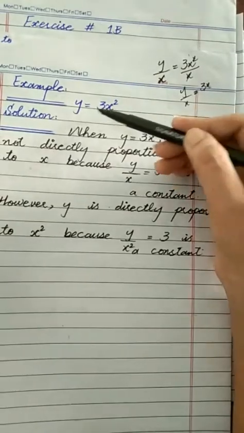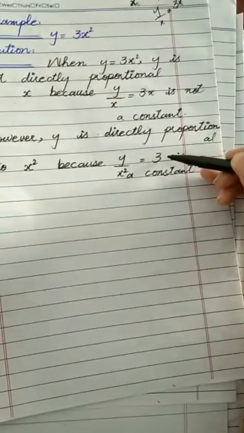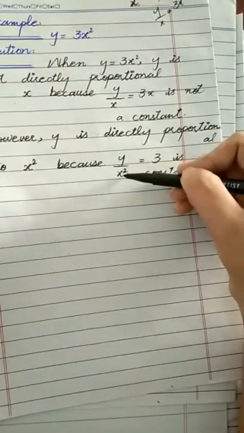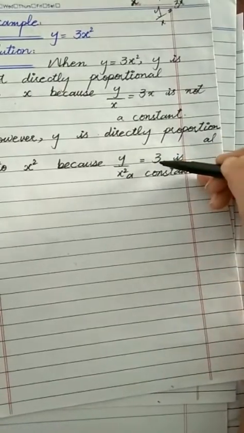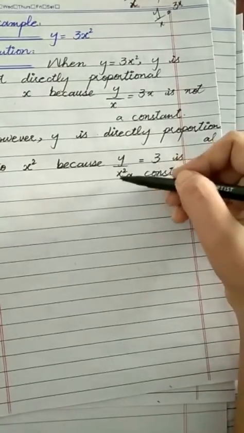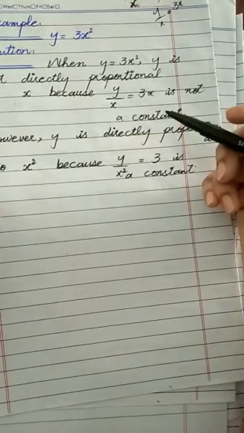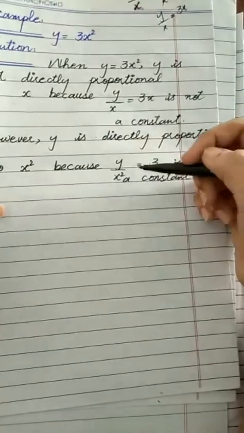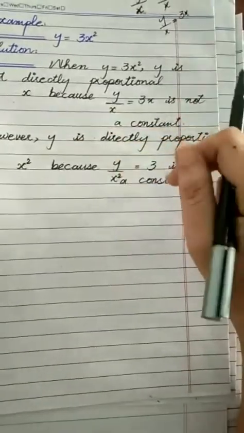So x square will be divided on both sides, x square will be removed from here, and now both variables are divided and the division is equal to a constant. Now it can be said that both are directly proportional to each other because the result is constant. Students, when are two variables directly proportional to each other? When their division is equal to a constant. I think the example is clear, so let's move ahead.